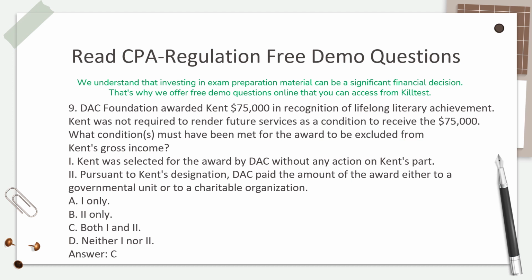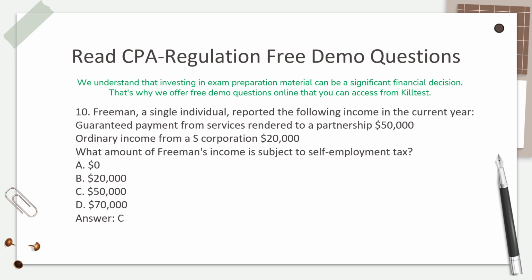Pursuant to Kent's designation, DAC paid the amount of the award either to a governmental unit or to a charitable organization. A. 1 only. B. 2 only. C. Both 1 and 2. D. Neither 1 nor 2. Answer. C.